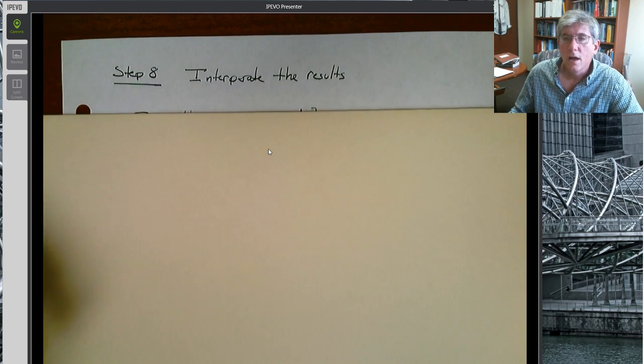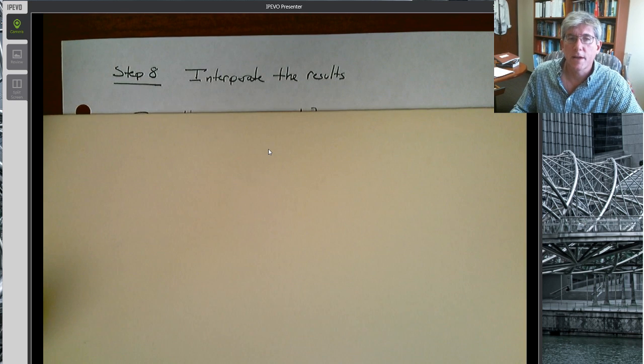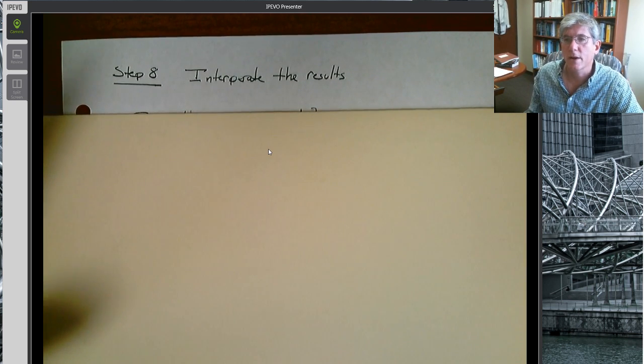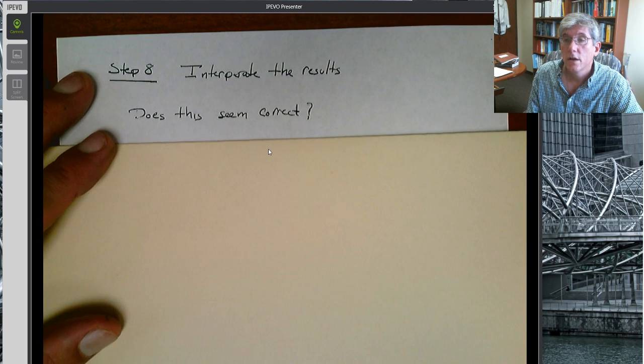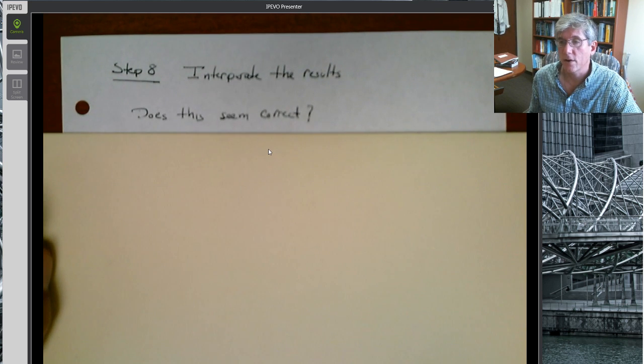A lot of times in this class, we're going to be looking at these problems from the context outside of a design process. In which case, when I talk about interpreting the results, one of the first questions is, do these results seem to make sense? Do they seem correct? For these problems, it's going to be relatively easy to figure out.